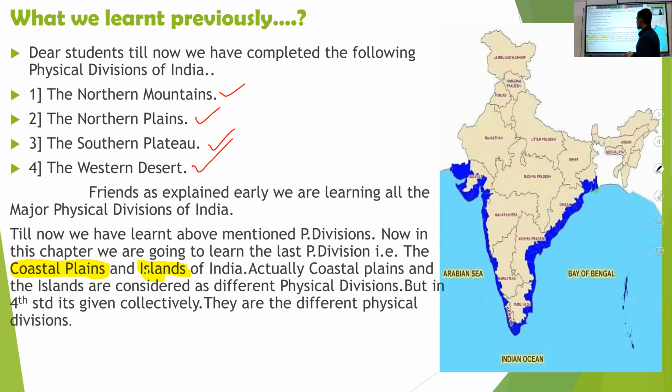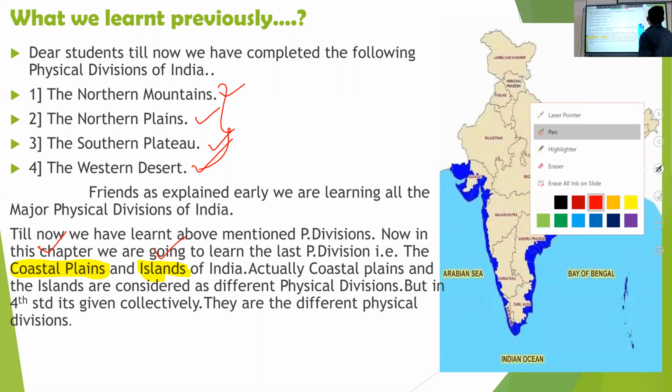Let's see what we can learn about the coastal plains and islands of India. But before that, you need to remember these four physical divisions. This one could be the fifth physical division, that is the coastal plains, and the sixth one could be the last physical division. So let's start and move on to the first.